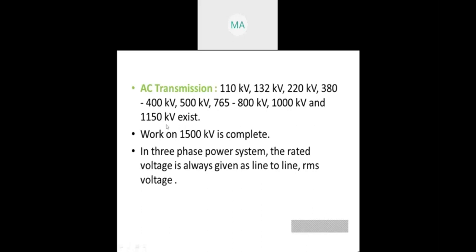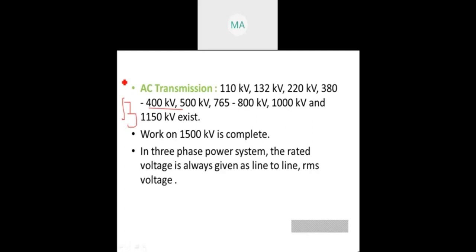In a three-phase power system, the rated voltage is always given as line to line. If you observe 110 kV, 132 kV, 220 kV, 400 kV, these are all line to line voltages, as well as RMS, root mean square values.